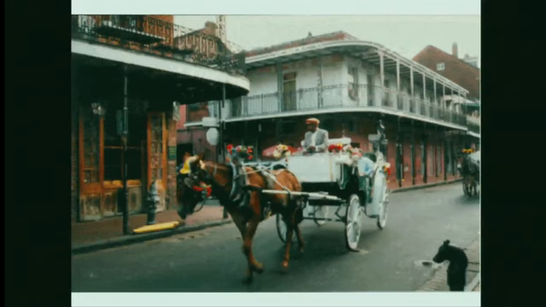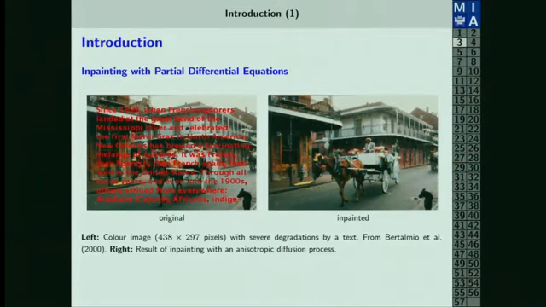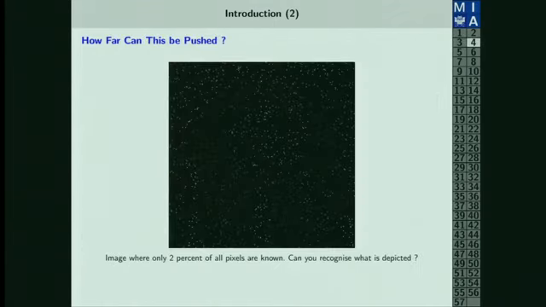And then I always like to drive ideas and concepts to the extreme. So I was wondering what happens if we increase our inpainting domain here from a few percent to, let's say, 98%. For instance, here I took a grayscale image and I have just removed randomly 98% of all pixels.